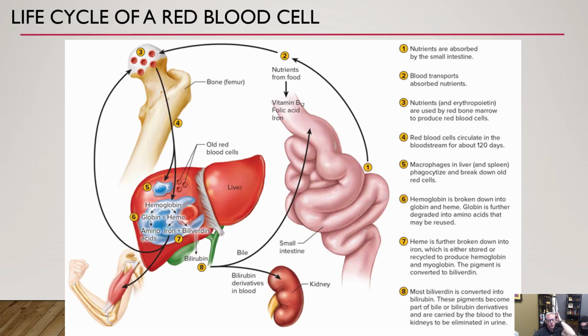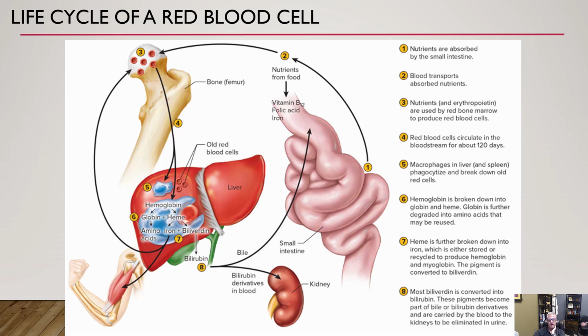All right, so what happens for the life of a red blood cell? We have the nutrients that are absorbed by the small intestine, and the blood is going to transport those absorbed nutrients.